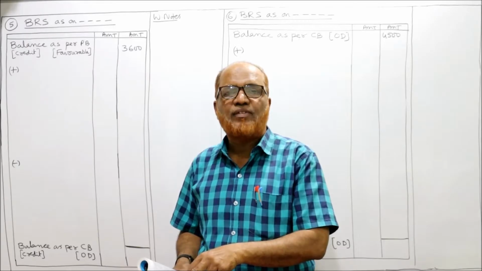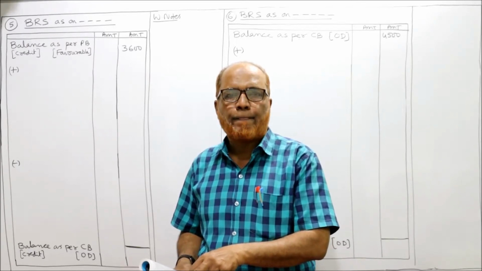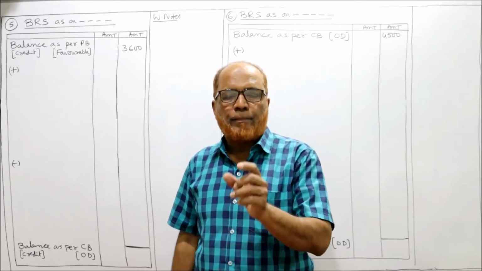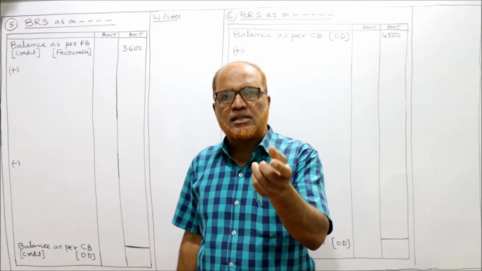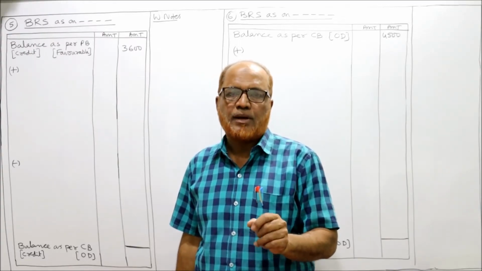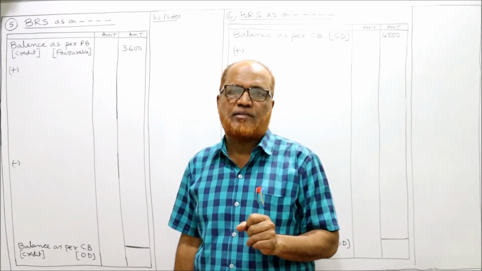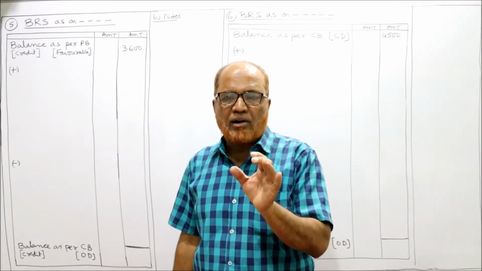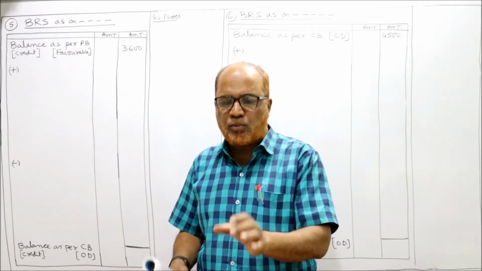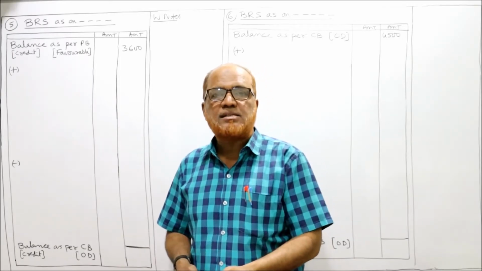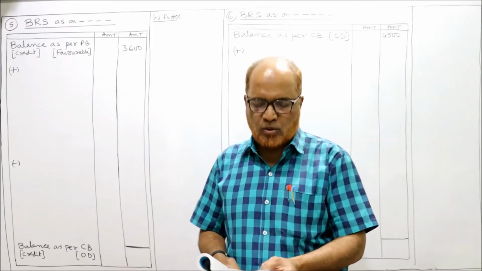That means it is a favorable balance as per passbook. If the passbook shows a debit balance, it is overdraft, unfavorable. If the passbook shows a credit balance, it is favorable balance. So keep it in mind. Our starting point is the favorable balance as per passbook.